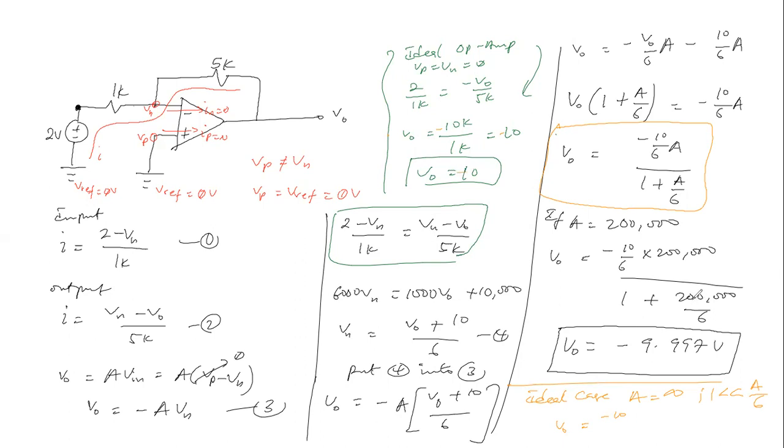So this is negative 10 over 6A divided by A over 6, and these cancel. In other words, as the open loop gain approaches some infinite value, the non-ideal model V naught will model the ideal scenario, folks.